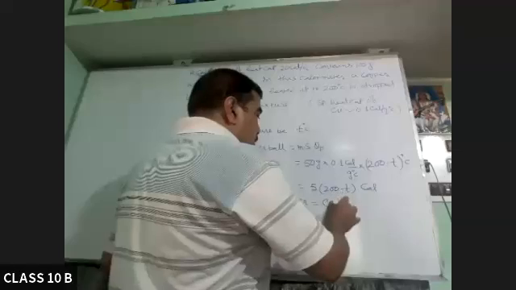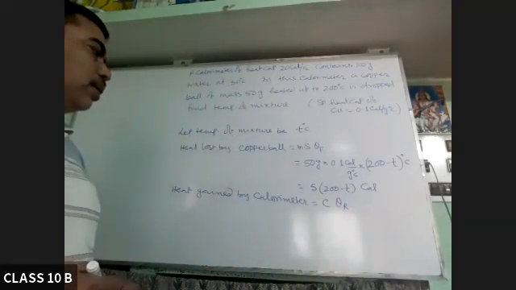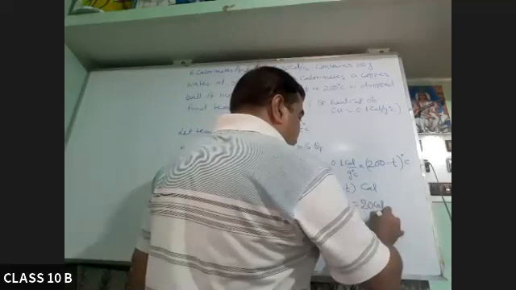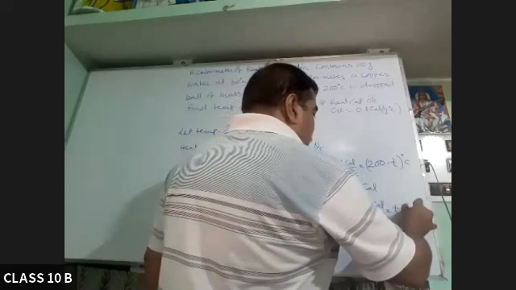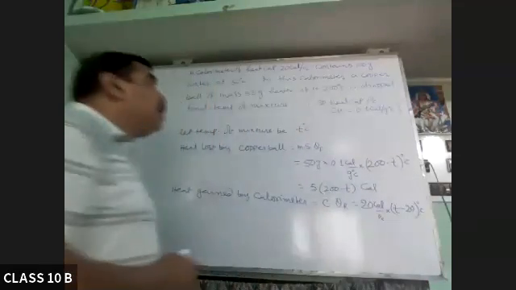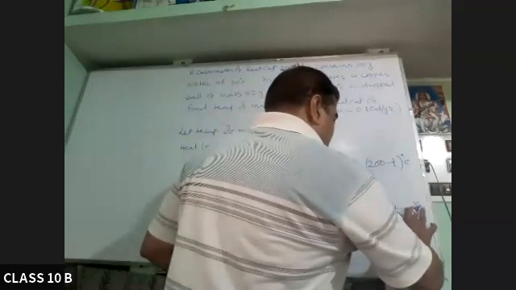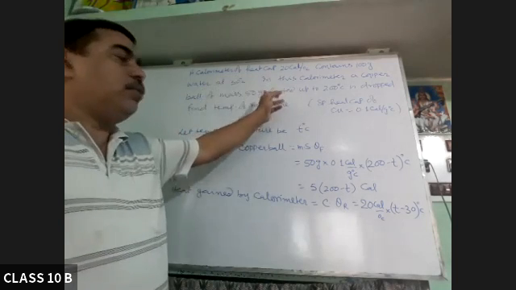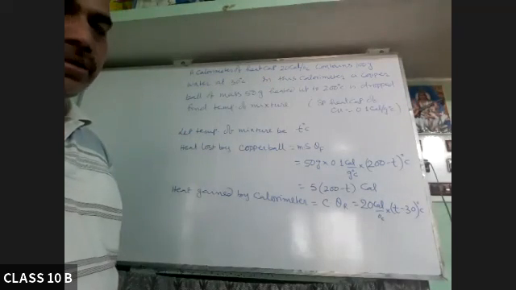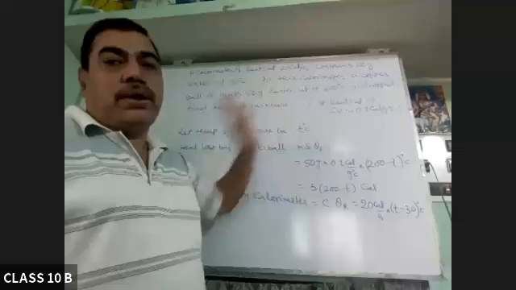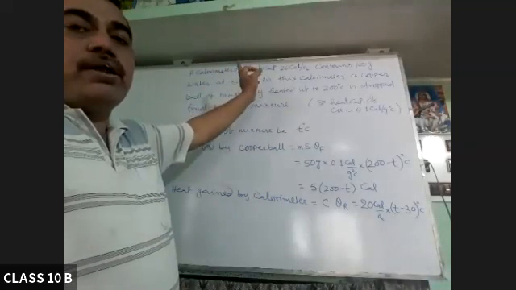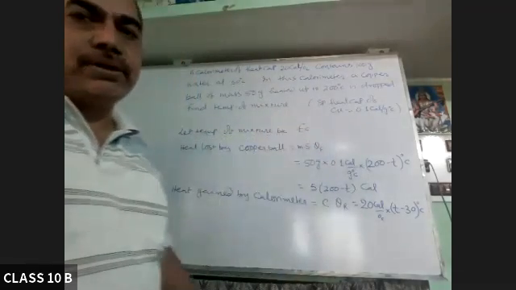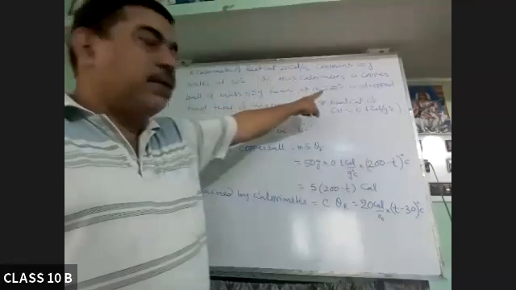So it is 20 calorie per degree Celsius into (T minus 30) degrees Celsius, as its temperature will increase from 30 to T. The temperature of the copper ball drops from 200 to T, whereas that of the calorimeter and water increases from 30 to T. So T will be between 30 and 200: more than the cold object and less than the hot object.